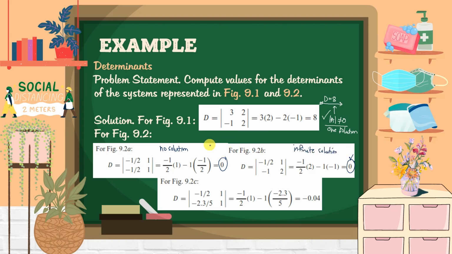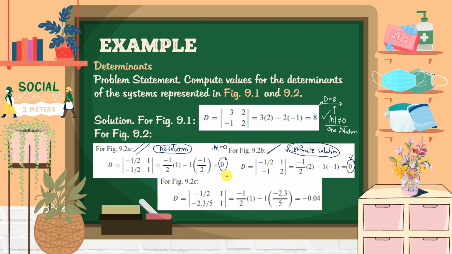If our determinant is equal to 0, it either has no solution or it has an infinite solution. So, recalling 9.2a, it has parallel lines. Here, the lines coincide. So, this is referred to as the infinite solution. If you recall our figures 9.2a and 9.2b.